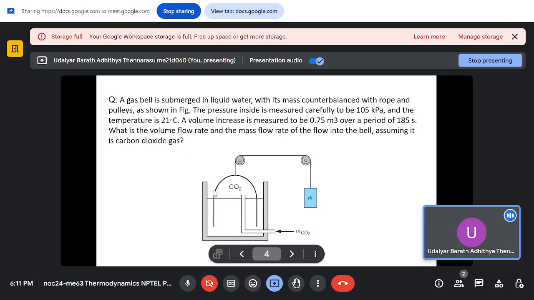The initial pressure given is 105 kilopascal, and temperature is 21 degrees Celsius. Now some mass of CO2 is pumped in, and the volume increases by 0.75 meter cube during the period of 185 seconds. We have to find the volume flow rate and the mass flow rate into the bell.